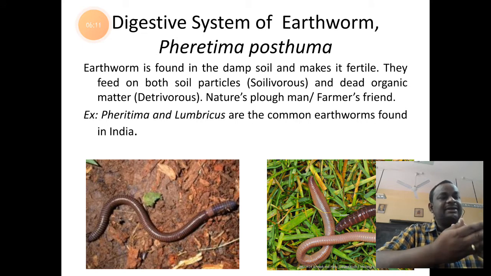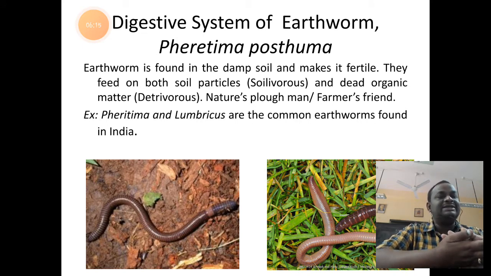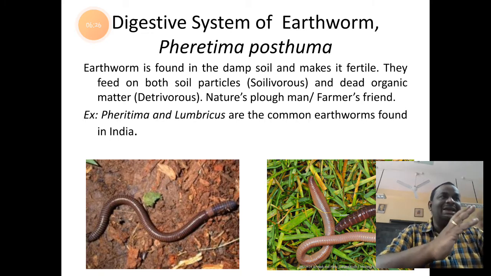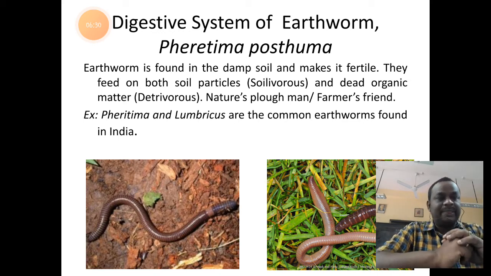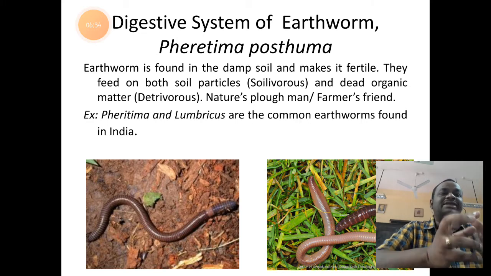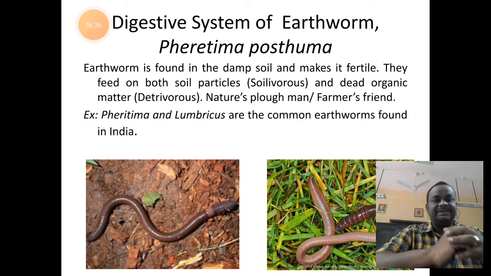Because of this, earthworms are commonly called nature's plowman, because they dig the soil like a farmer. It is also called the farmer's friend, because it brings the underlying layers of the soil to the topmost layers, so that they are easily available for the plants.